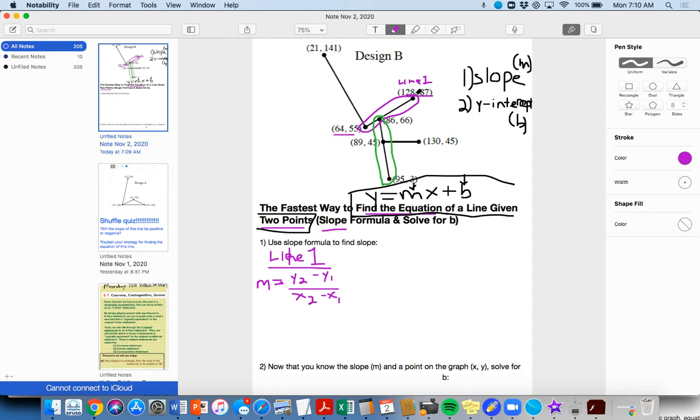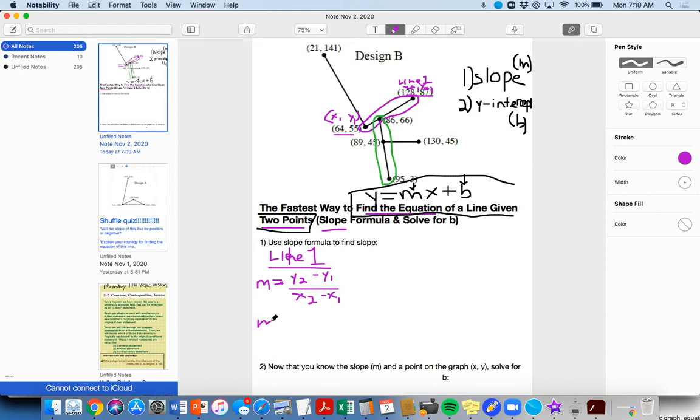If you notice here, we have been given 2 points with an x value and a y value, and another x value and another y value. So I can make this x2, y2, and that just means the second point. And then I can make this x1 and y1, and that just means the first point. And it doesn't matter which one's the first point, which one's the second point. We're just going to use this formula.